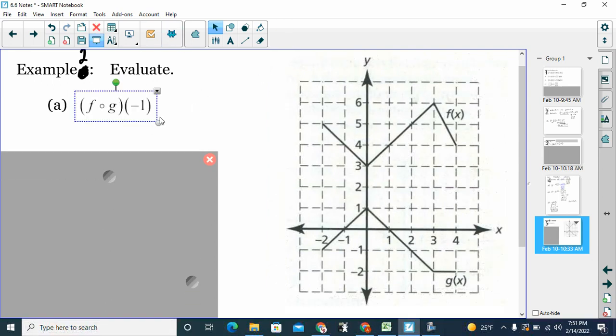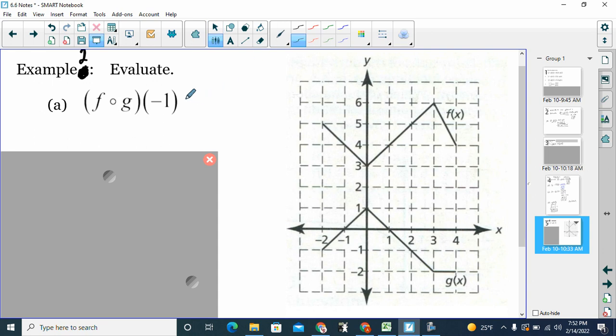Part A, we are asked to evaluate f of g of negative 1. First thing we're going to do is rewrite this in this other form. Again, I always think this is easier to look at. g of negative 1 means when x is negative 1, I want to know what g of x is equal to.